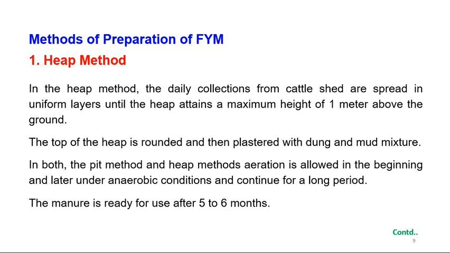In both the pit method and heap method, aeration is allowed in the beginning and later it proceeds under anaerobic conditions and continues for a long period. The manure is ready for use after 5 to 6 months.